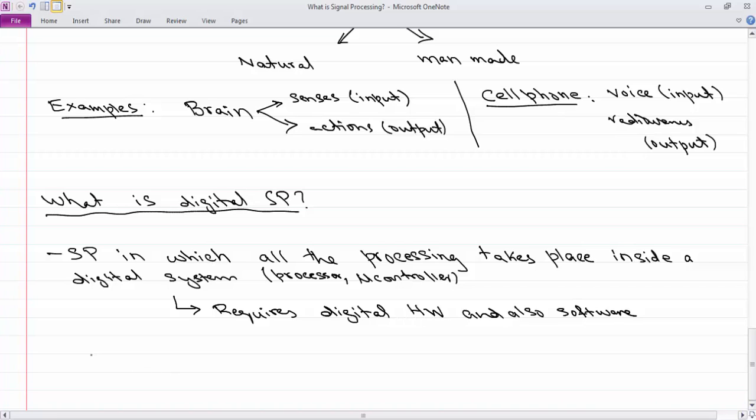Now, that is not to say that DSP systems cannot have analog components. Most DSP systems, unless you are talking about, for example, Google or Facebook, can have analog components. But the purpose of these analog components is not to do processing.